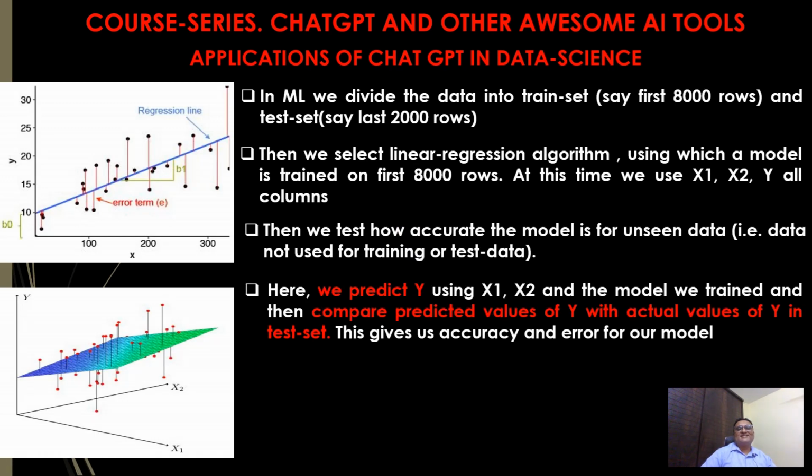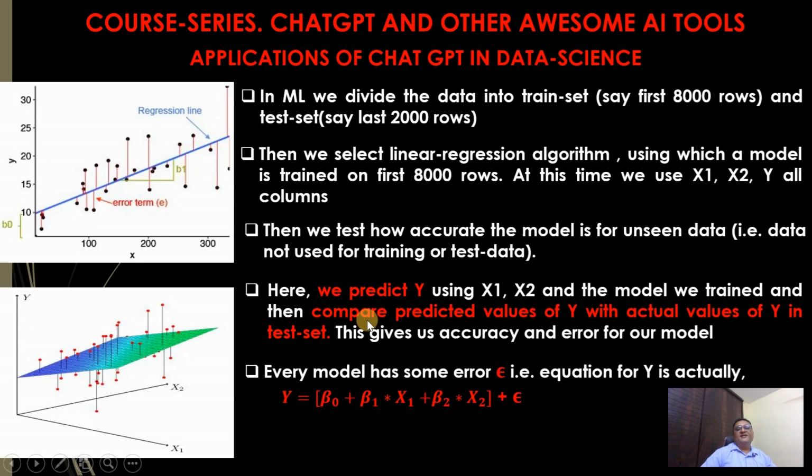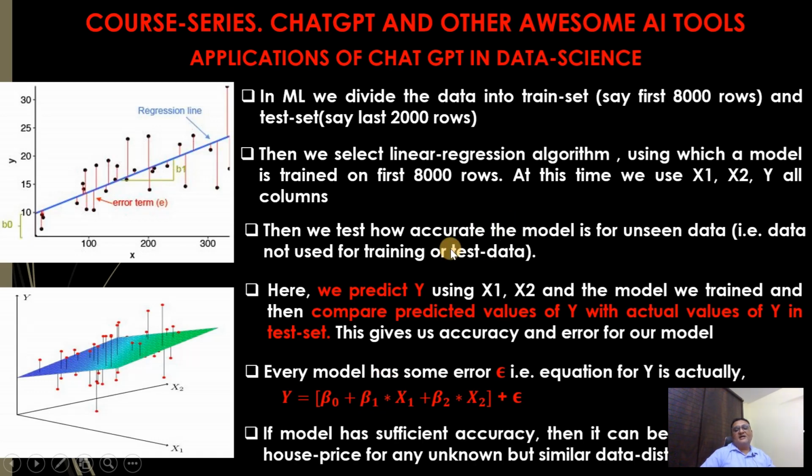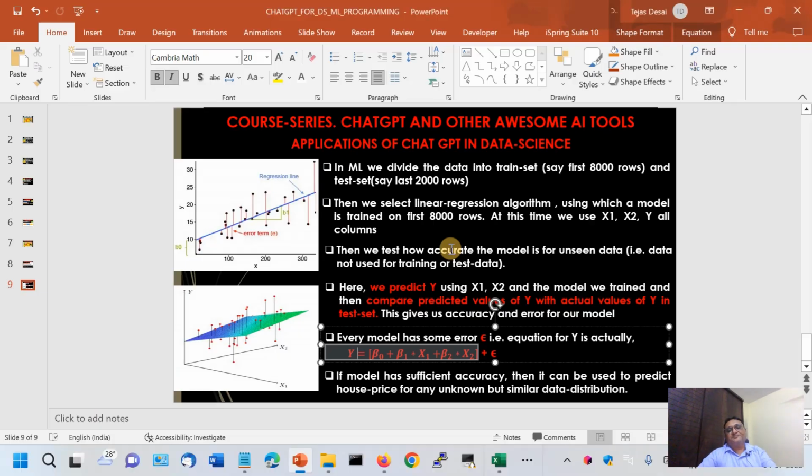Then we test that model which is created by training on the train set. We test it on the other remaining observations which were not used in the training. And then we predict y using x1, x2 and the model. Okay. So this is how it is done.